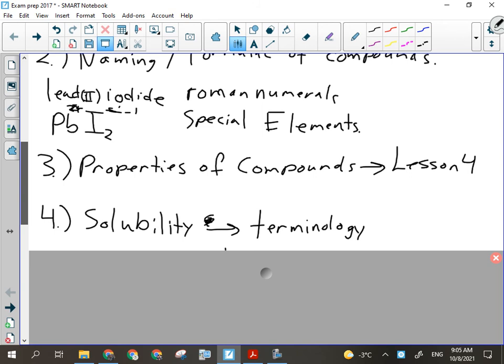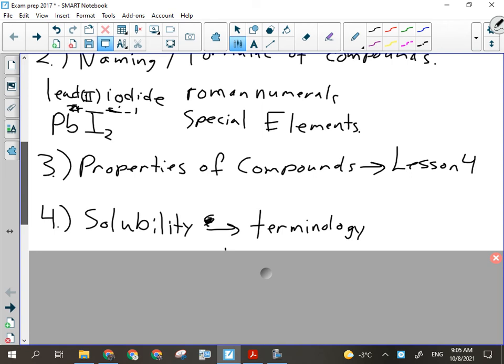So if I'm talking about a heterogeneous mixture and you don't know what that means, I don't know how you'll get that question right. So you definitely need to know your terms, or solute and solvent, precipitate, stuff like that. You need to know what those mean so that you understand the question. There might be like 1 or 2 multiple choice questions that are strictly terminology based.